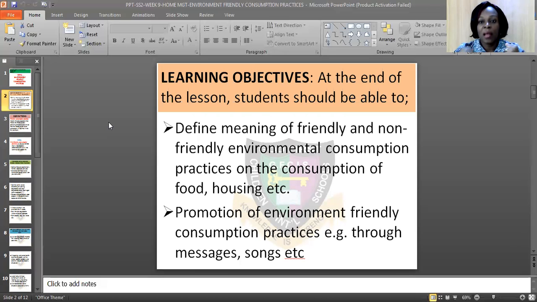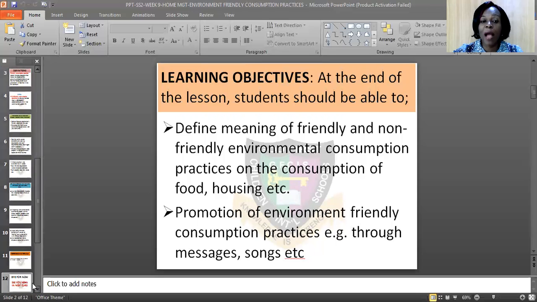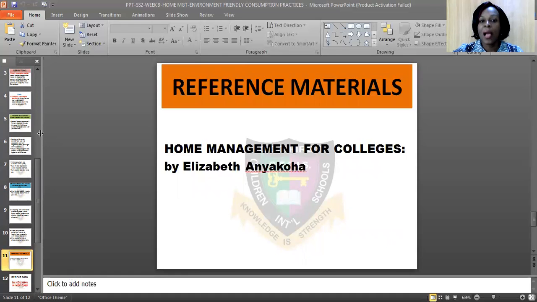Are you getting? Then, that's another thing you ought to know by the end of this class is the promotion of environment-friendly consumption practices. How you can promote it. Are you getting it? Yes, I believe that with this explanation, you were able to catch up with the learning objective of today.